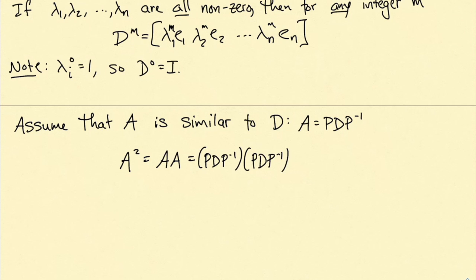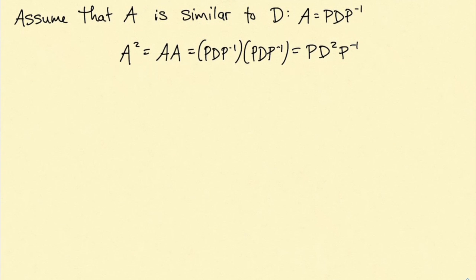Of course, we can reassociate. The P inverse and the P will cancel, so we'll get P D D P inverse, which is simply P D squared P inverse. You can check that A cubed is going to give you A times A squared. So we can replace A squared with P D squared P inverse and A with P D P inverse. We can play the same association game, cancel the P's, and we'll see that we're left with P D cubed P inverse.